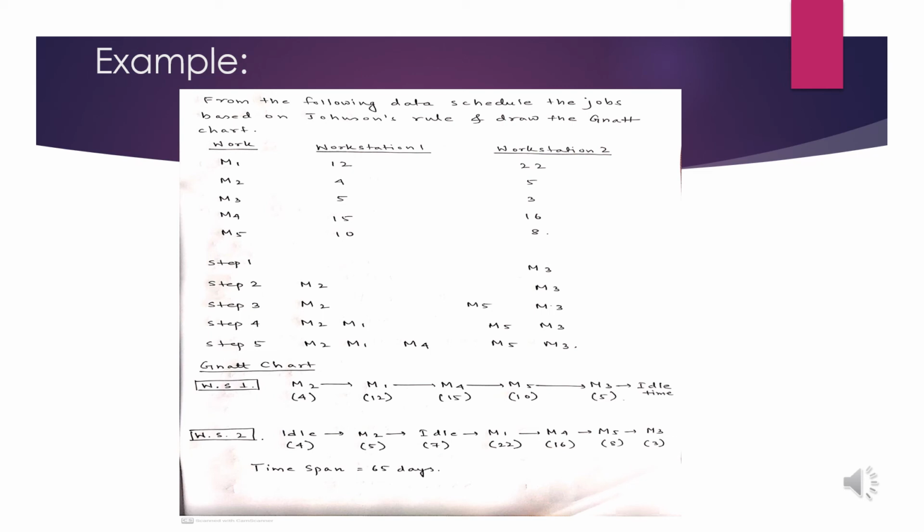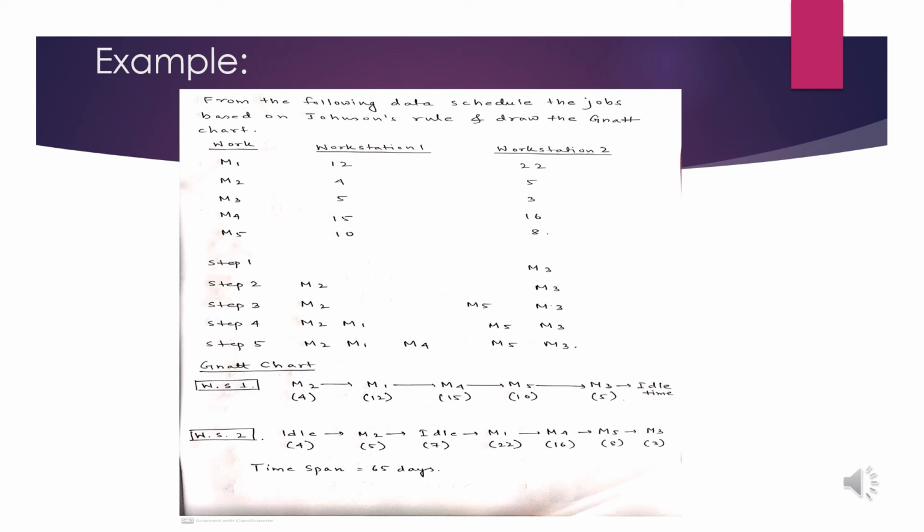So under workstation 1, if we follow that scheduling, M2 to M1 to M4 to M5 to M3, and then put the idle time, we have the work schedule M2, and the values written in between or below here are just the processing times of workstation 1 for those jobs.